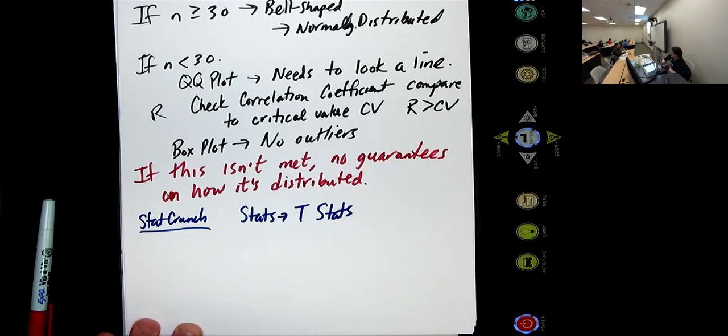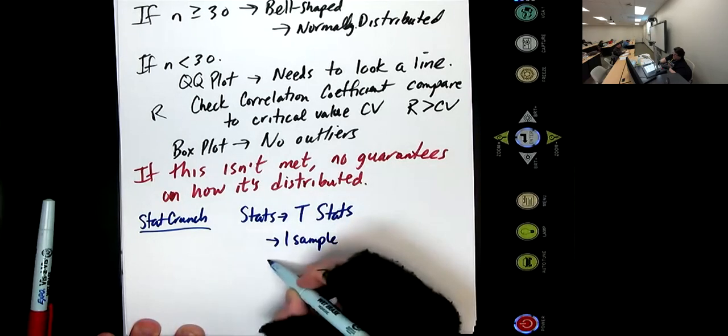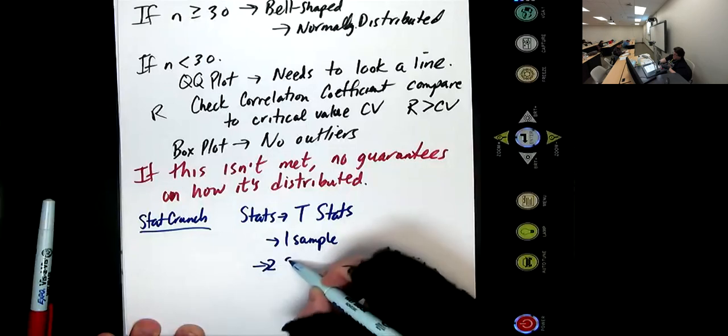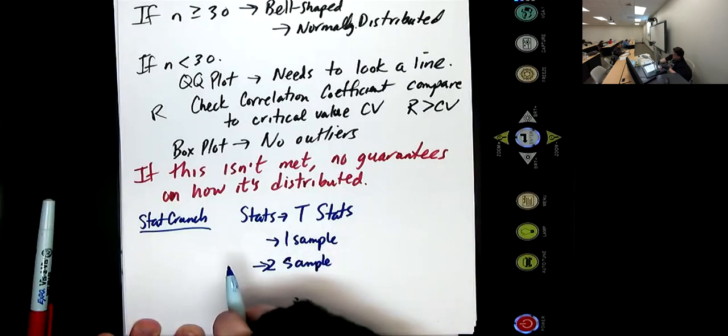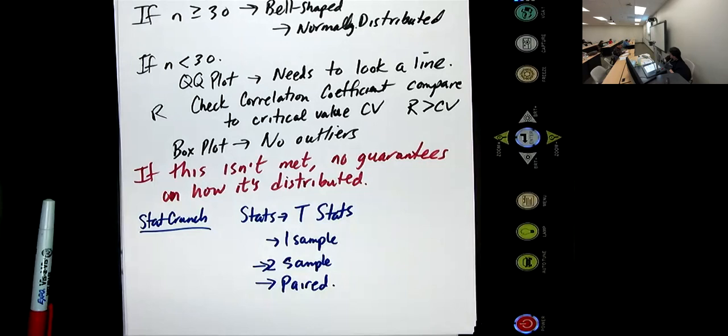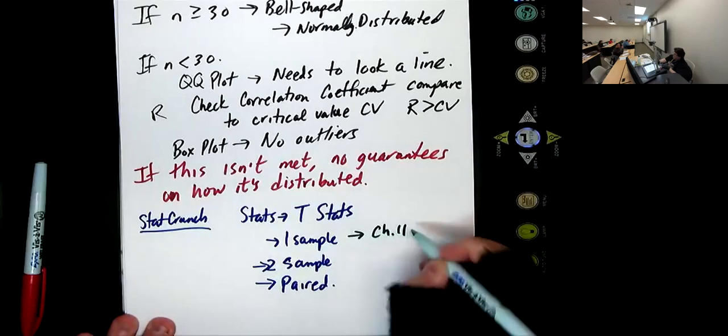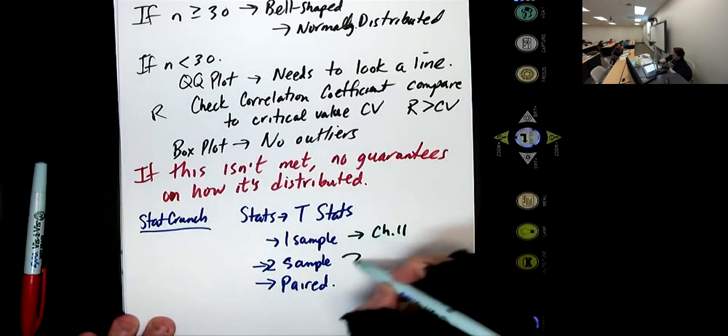At this point, we have 3 options: 1 sample, 2 sample, and paired. Usually we're just doing the first one for confidence intervals. When we do hypothesis tests, the 1 sample will be chapter 11. The 2 sample and paired are chapter 12.